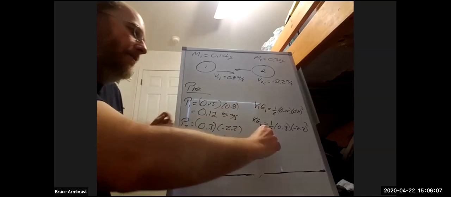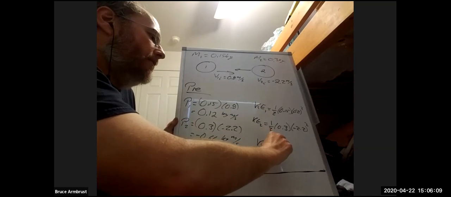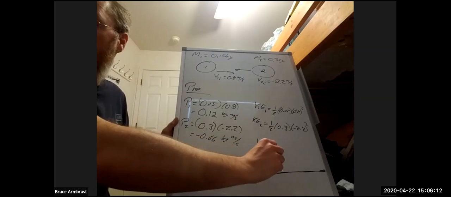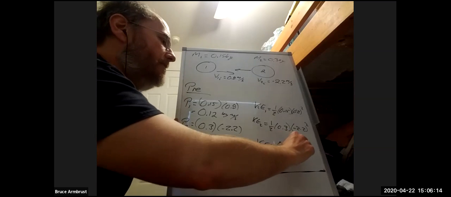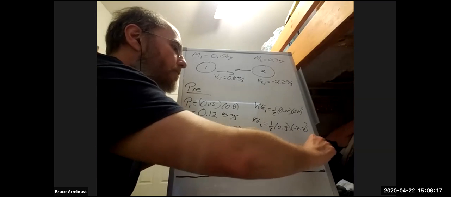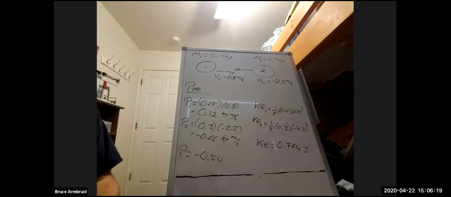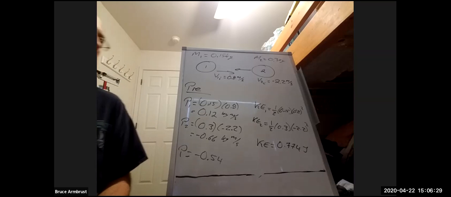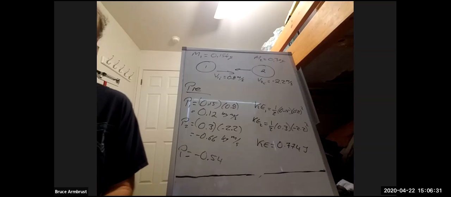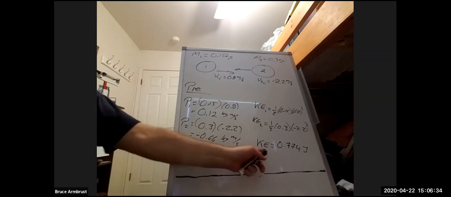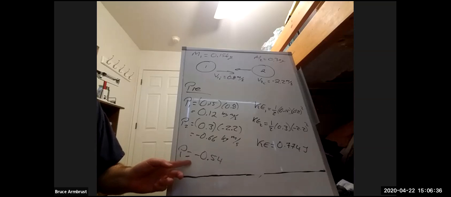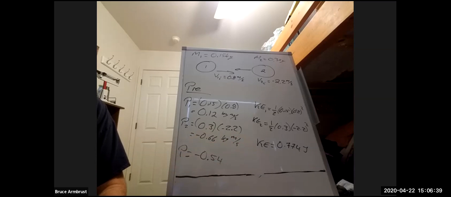And so we add those together, we get that the total kinetic energy for the system is 0.774 joules. So prior to the collision, this is what we know. So now let's go to post-collision, and let's use these two numbers to set up an equation with momentum and an equation with energy, and then we'll have a system that we can solve.